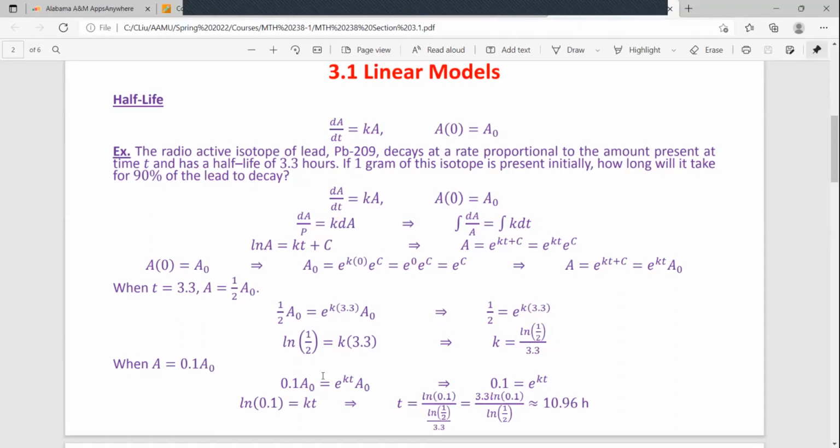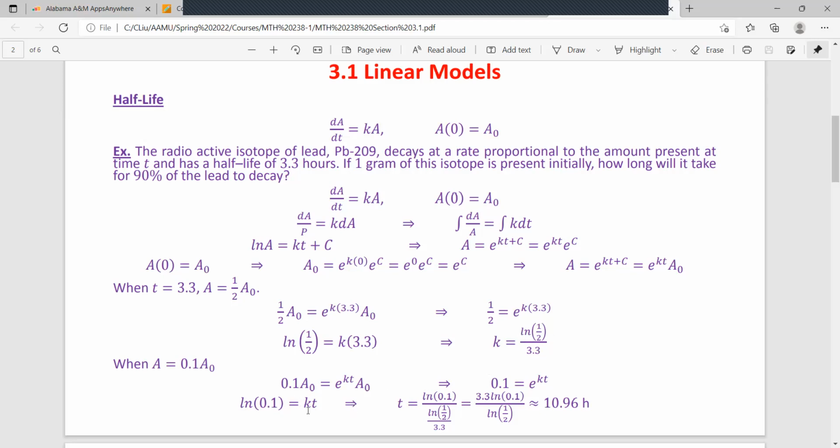So we get 0.1 A0 equals e to the KT times A0. Cancel A0 on both sides, so the equation becomes 0.1 equals e to the KT. Again, I just take the natural log on both sides, and we get natural log of 0.1 equals KT. K is natural log of 1/2 over 3.3.